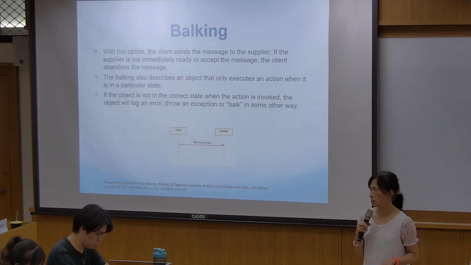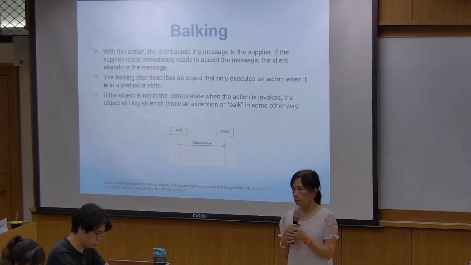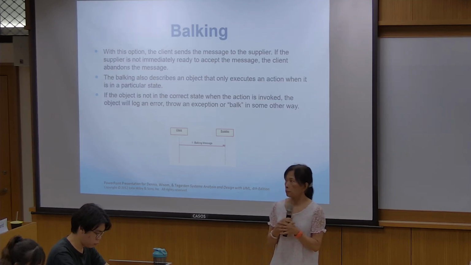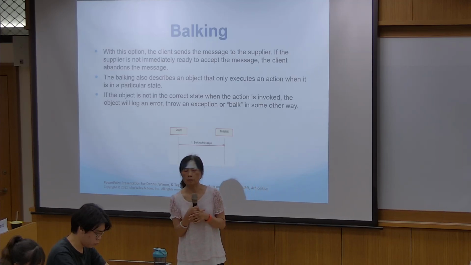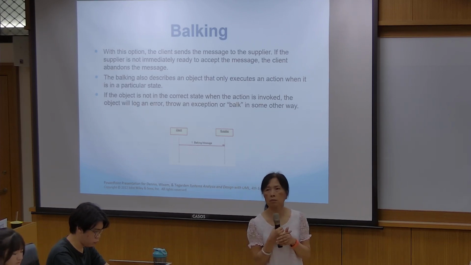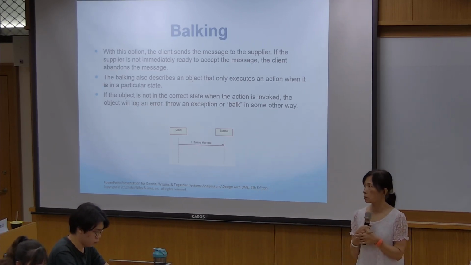Then I think it will be the timeout. Yes, because the timeout explains the process: the client does the process, but the supplier didn't respond to the client, so it will send a message to remind the client. So I think it should be the timeout.